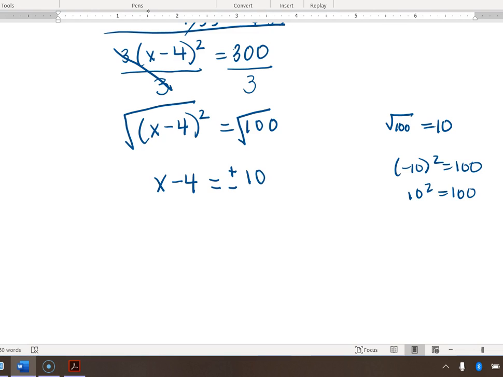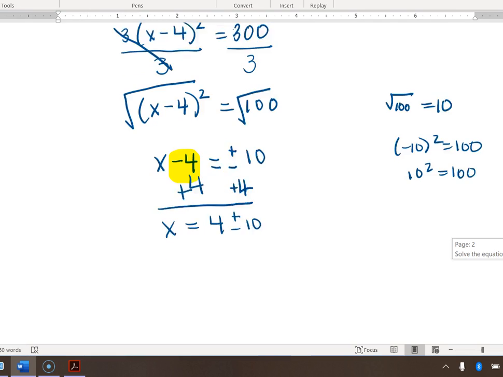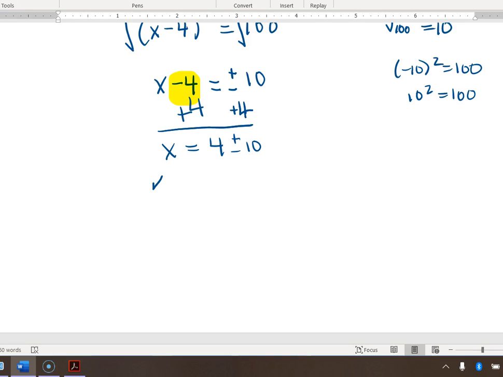And then my last step, to get x by itself, I'll take care of that minus 4 by adding 4 to both sides. So then finally I get x is equal to 4 plus or minus 10. Now, since that's not anything that is in a square root, I can actually simplify that down.